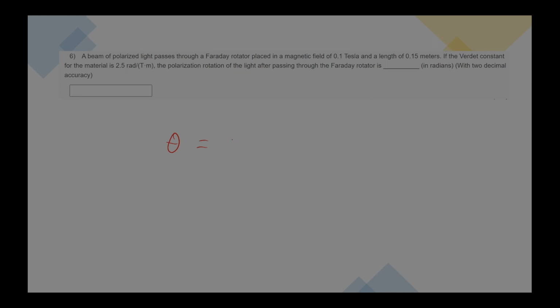Verdet constant 2.5 into 0.1 into 0.15. All will come in radian. The unit will be radian.